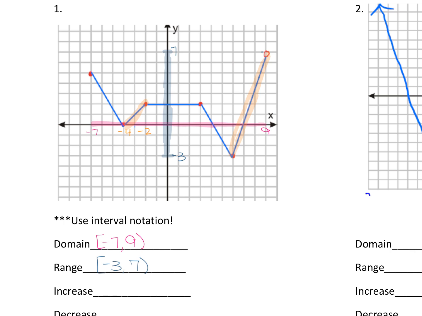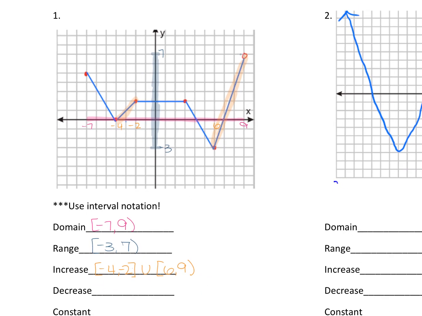So those are both closed circles. They both get brackets. And then we also have from 6 to the 9. So that 6 has a closed circle on it, it's going to get a bracket. The 9 has an open circle, it gets a parentheses.